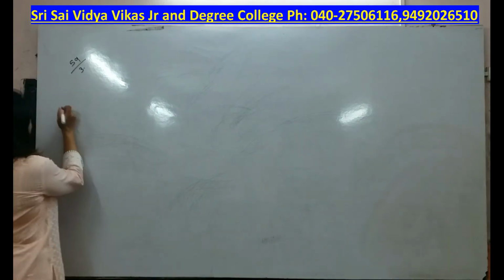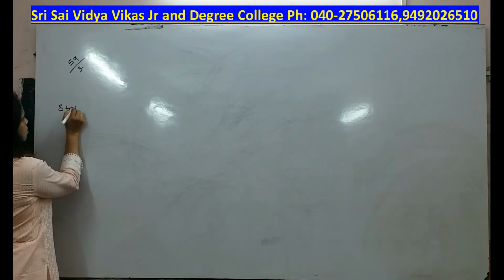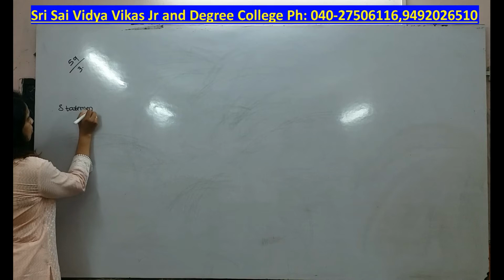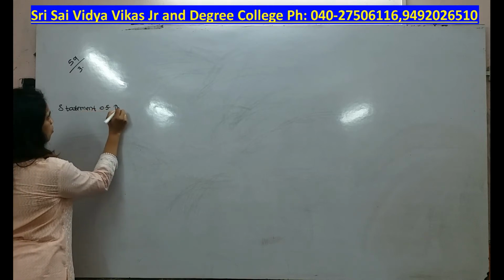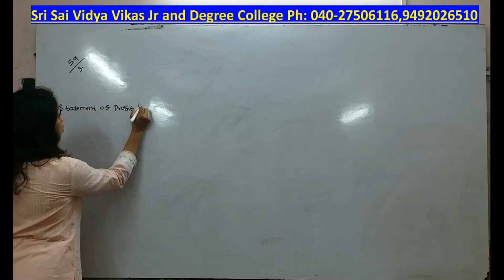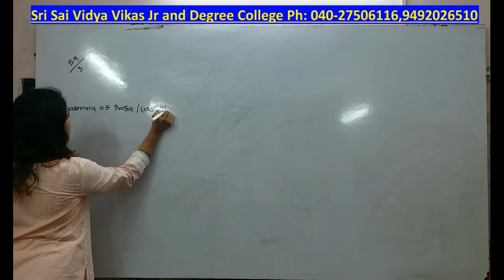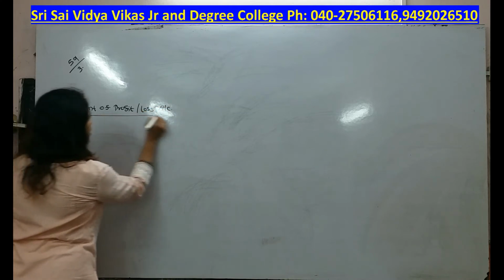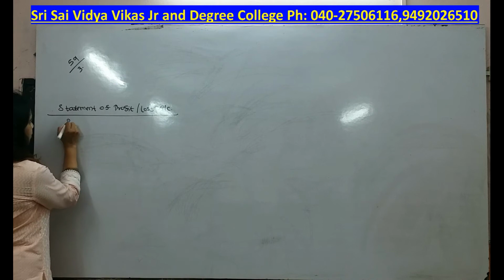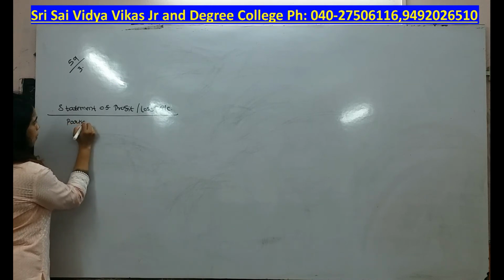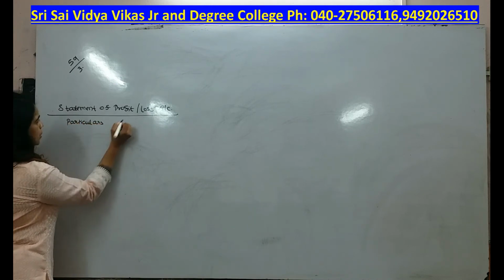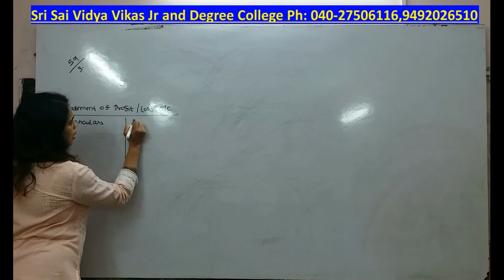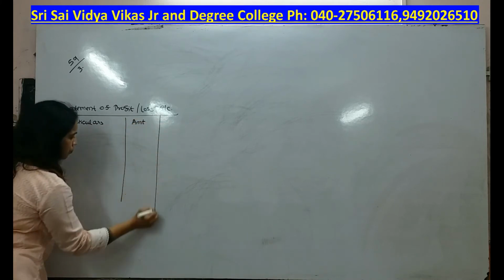Here I will first write: statement of profit or loss account. Then here I will write particulars and amount.